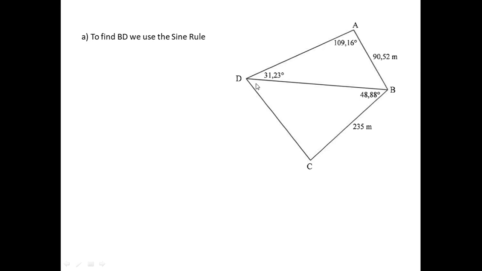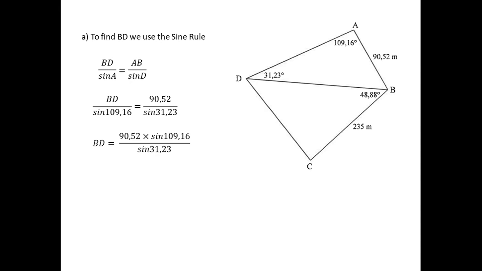There it is. There's BD. Now we are given a side and an angle opposite it, which makes me think that we need to use the sine rule. So we use our sine rule like this, and we discover that BD is 164,92 meters.